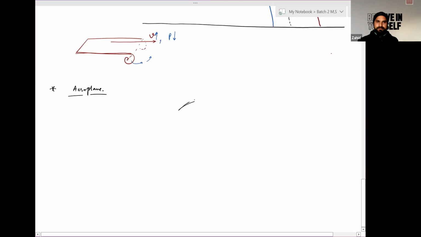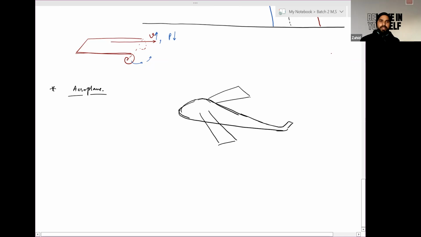Suppose an airplane is moving horizontally on the runway with some velocity v.